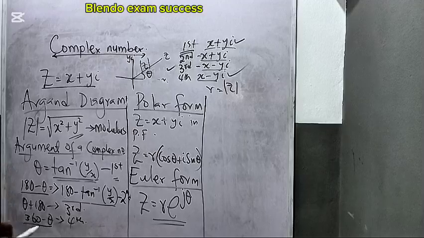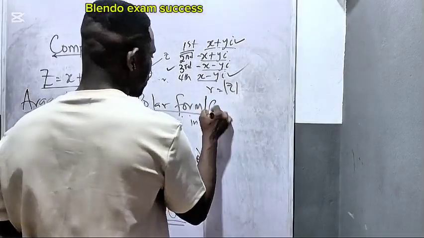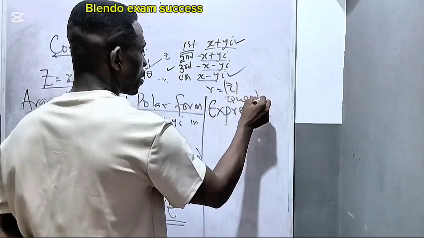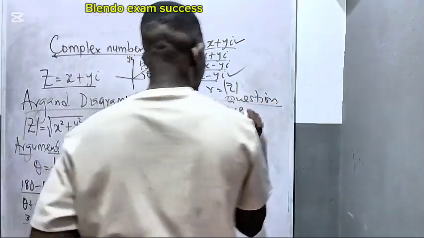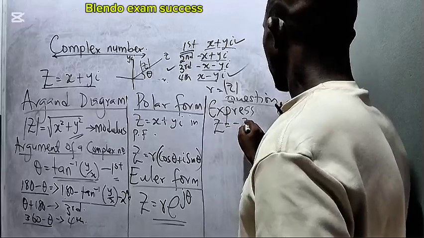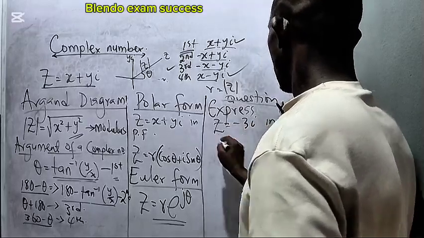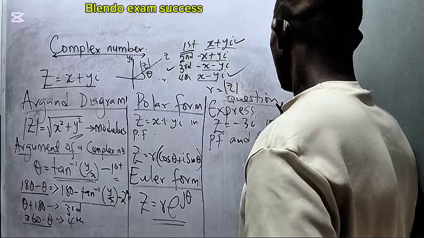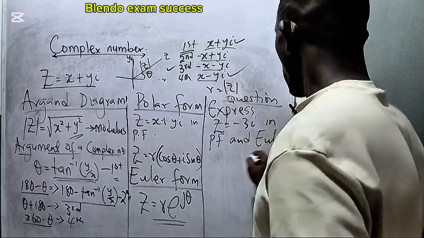Now, there is a question where you are asked to express z equal to minus 3i in polar form and Euler form. What will you do?